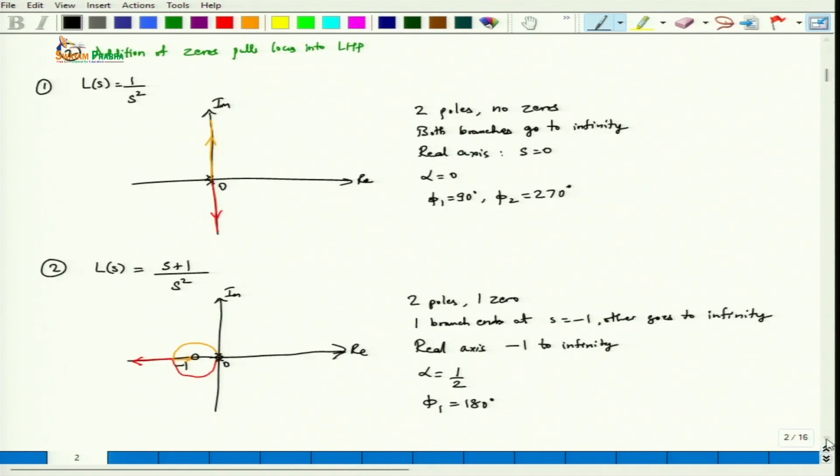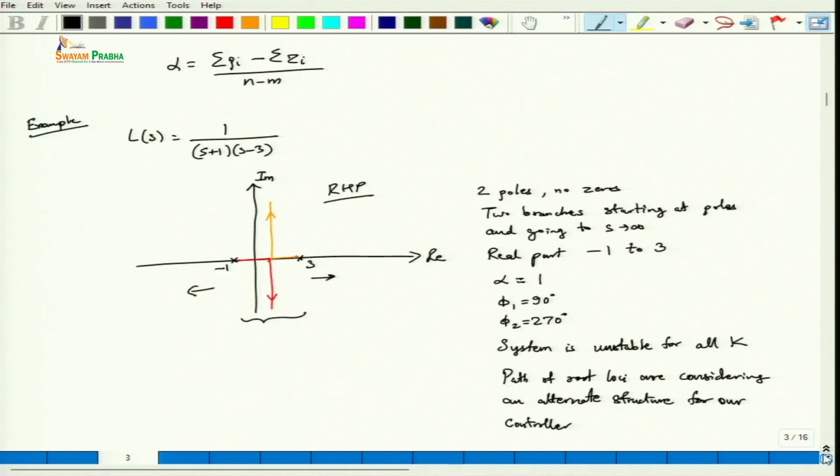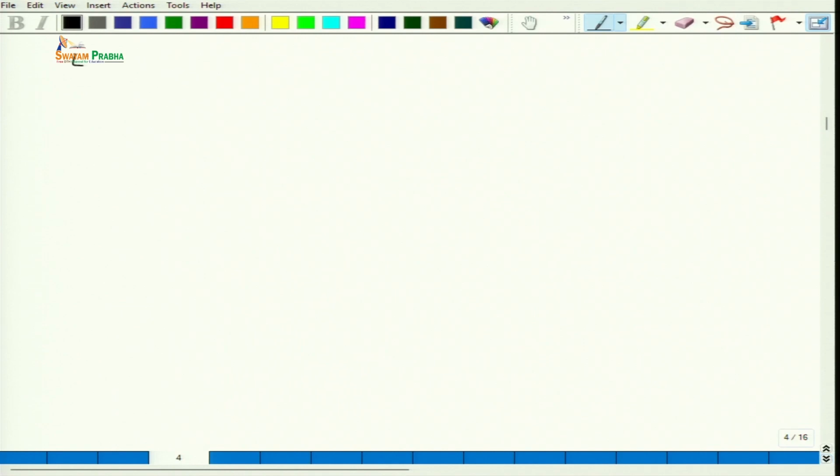Now, if we look at the previous scenario, what we have seen is that by adding a zero, we can pull the loci into the LHP. So let us consider adding a zero. Our earlier system was 1 / ((S + 1)(S - 3)). To this we add a zero, say at S = -3.